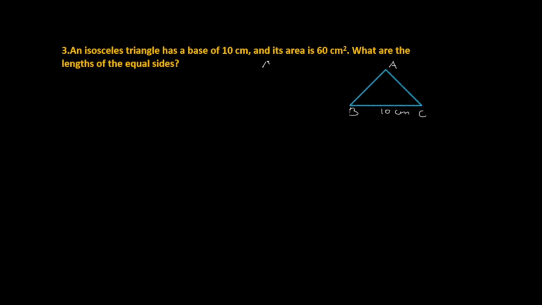Suppose we are taking equal sides AB is equal to AC. We don't know, we need to find what is the equal sides length, and here given is area 60. So area of triangle ABC is equal to 60 centimeter squared, given.